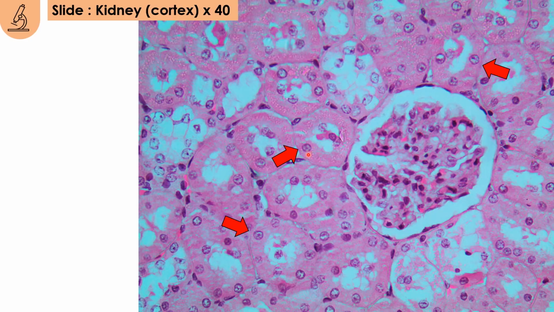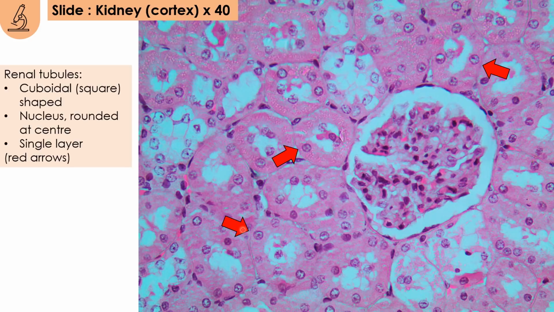So, cuboidal. What about the nucleus? The nucleus is rounded, and its location is basically at the center of the cell. Similarly here: rounded nucleus located at the center.